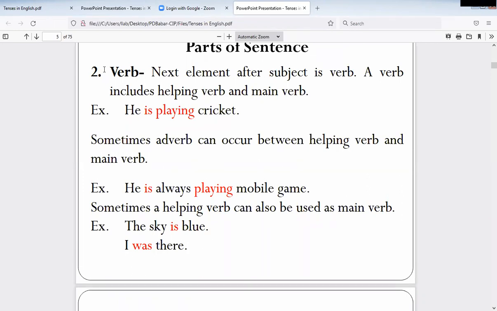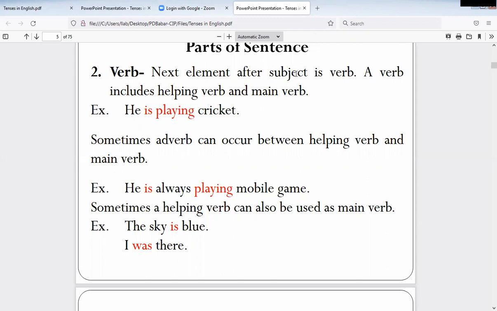The verb is used after the subject. So let's see what the meaning or definition of the verb is. The next element that occurs after the subject is called the verb.